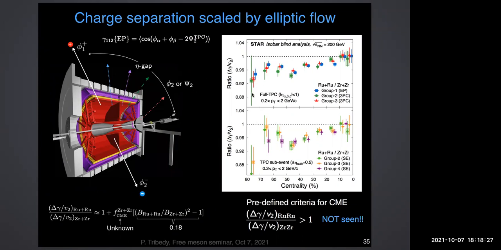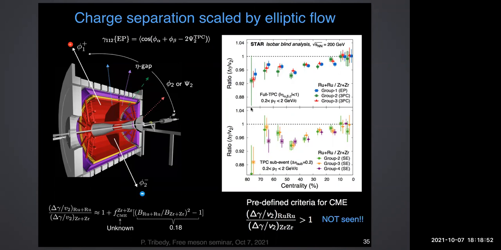You had a flat region in the centralities of around 60 to 20, and then at the very peripheral region you had a drop. So you fitted the flat region. Is the idea that the magnetic field is largest in that region for those centralities?